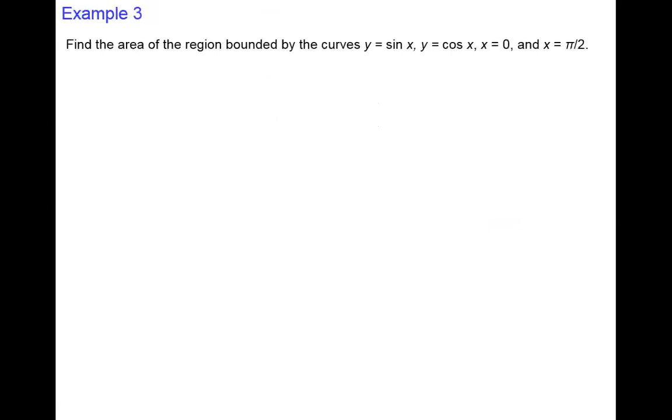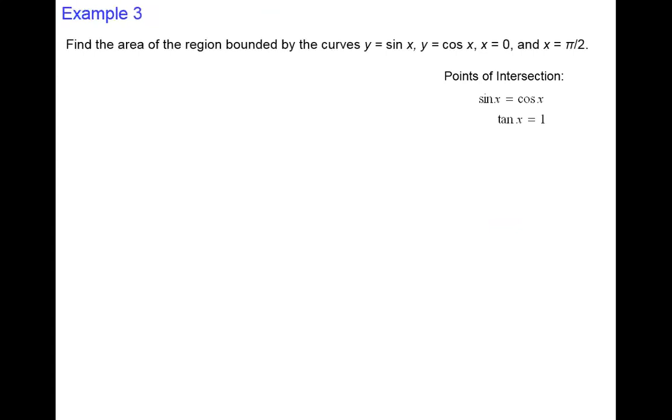Find the area of the region bounded by the curves sine of x and cosine of x from 0 to pi over 2. That means, first of all, let's find the points of intersection. Sine of x is the same as cosine of x. You probably know for what angle sine of x is the same as cosine of x. Of course, 45 degrees.